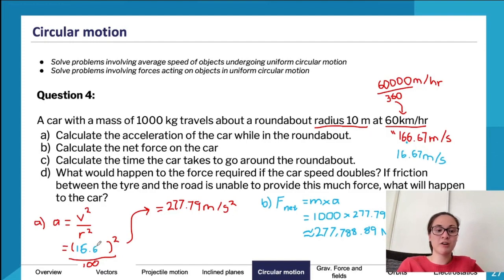You're all probably in the chat going, finally, she noticed. After all that doubt. But hey, I'm human. Everyone makes mistakes. Good thing I picked up on it eventually. So that's actually going to be 2.77, but it's actually going to be 2.78 by the time we round, meters per second squared.